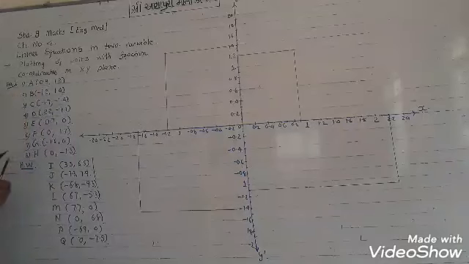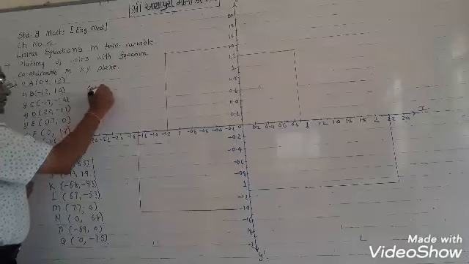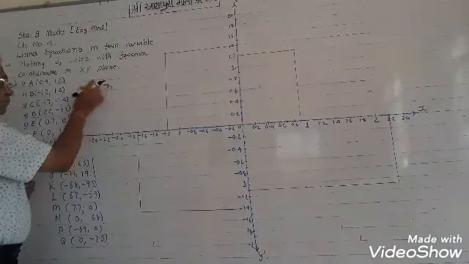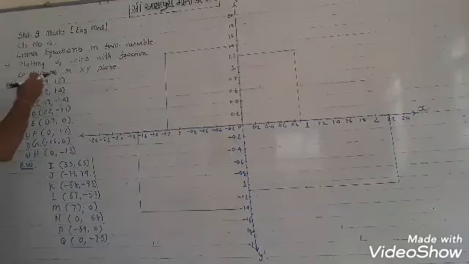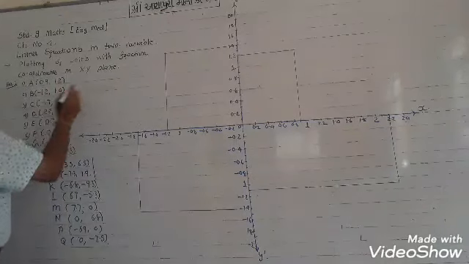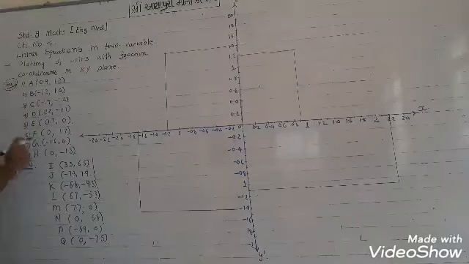Up to now we have taken integers, negative and positive whole numbers like 1, 3, 6, minus 1, 7, 9, but we have not taken fractions or decimals. In the first example I have taken decimals. How will you do it?